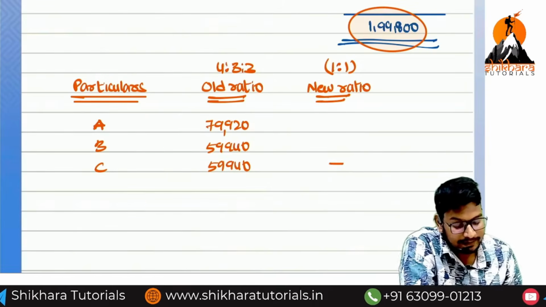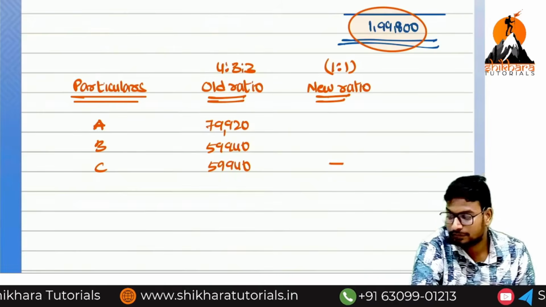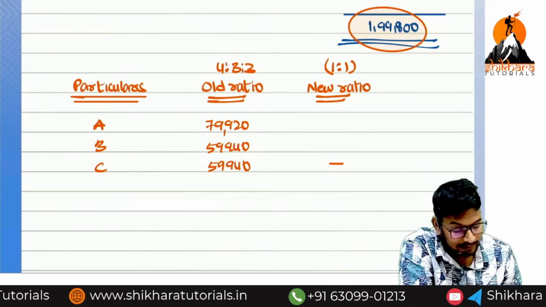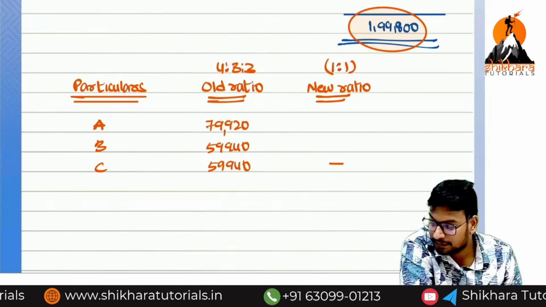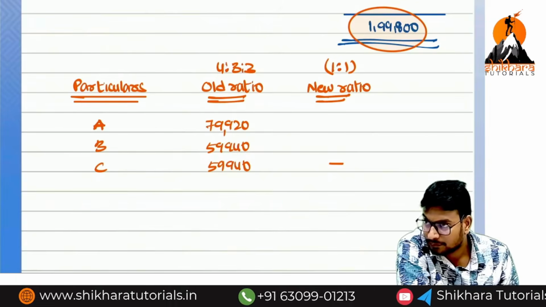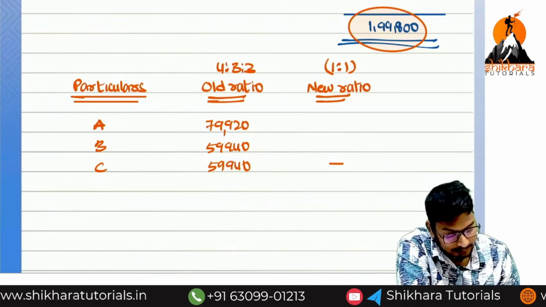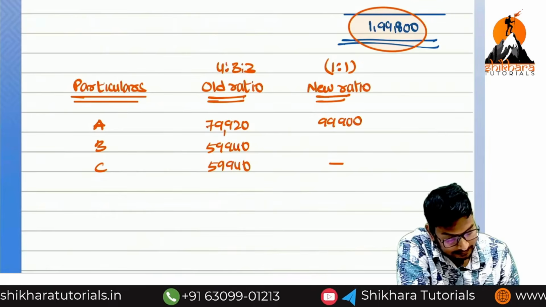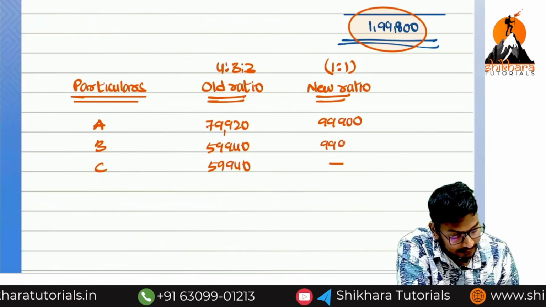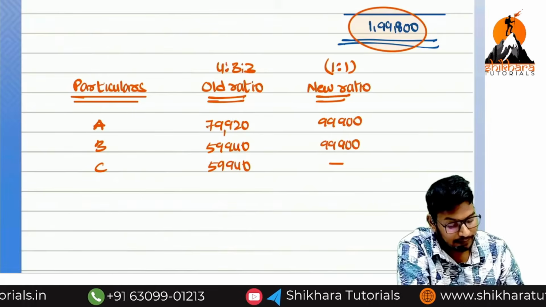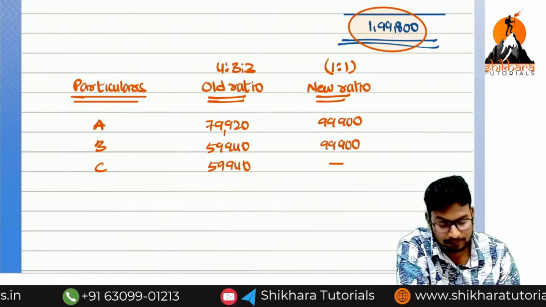So 1,99,800 divided by 2, that is 99,900. Now we are going to find out the difference amount.